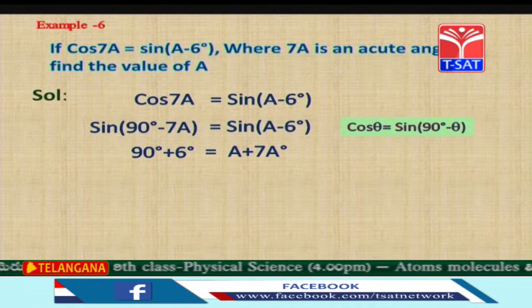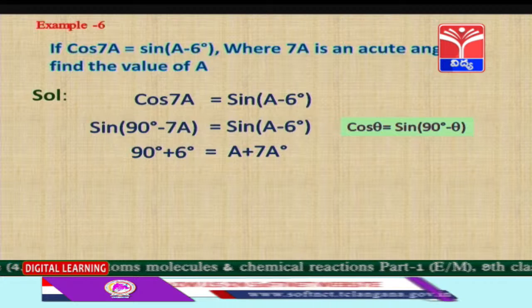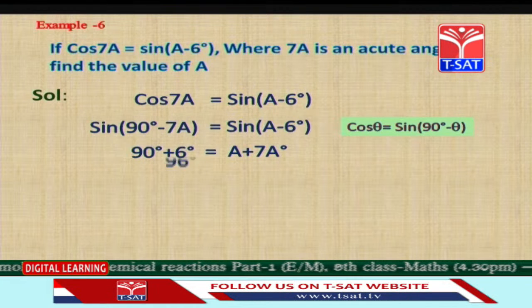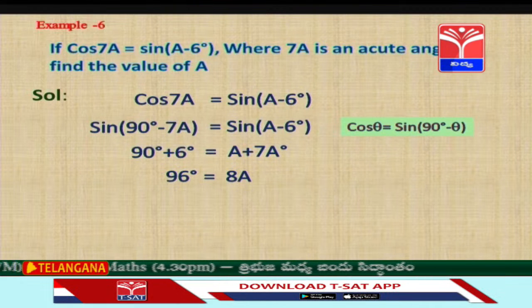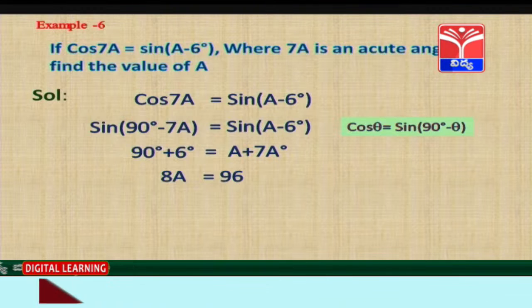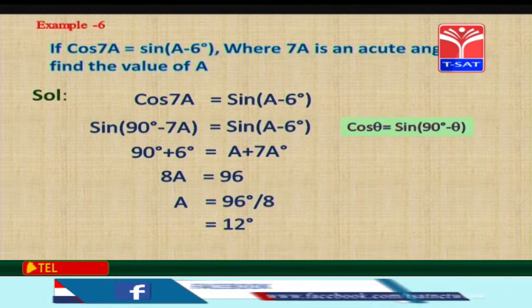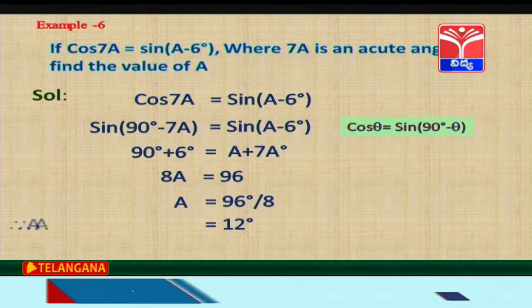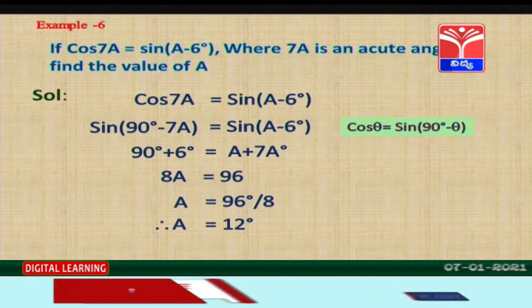So, what have I got? 90 plus 6 is equal to A plus 7A. 96 is equal to 8A. Now, I have to reshuffle it. 8A is equal to 96 degrees, so A is equal to 96 by 8, that is 12 degrees. So, with this we have found the value of A.